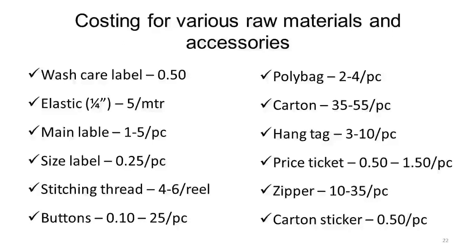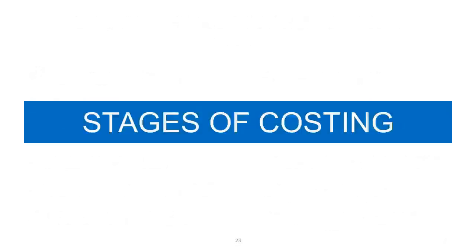And then we come to a very important part, which is stages of costing. Now, what happens is that when a buyer sends a sketch to you and asks for a cost, you do the costing.